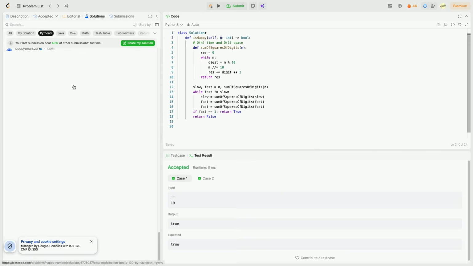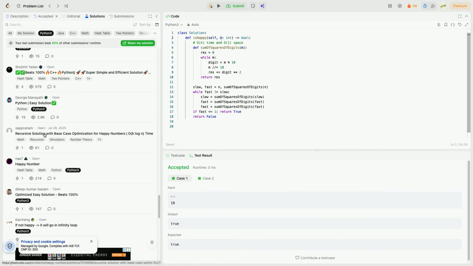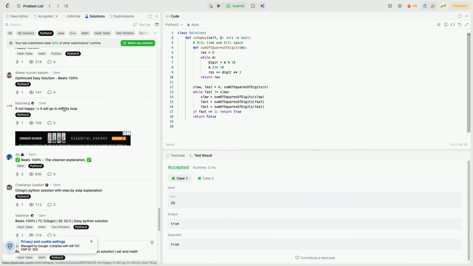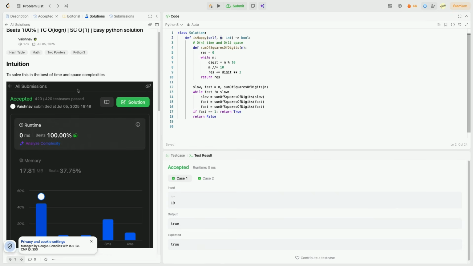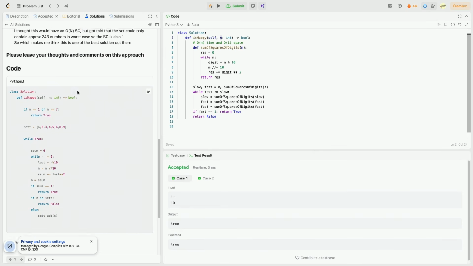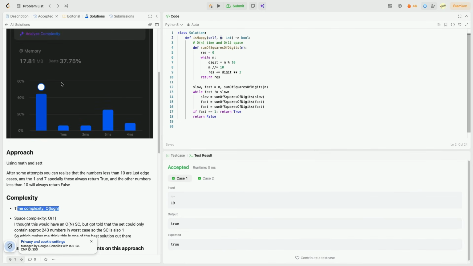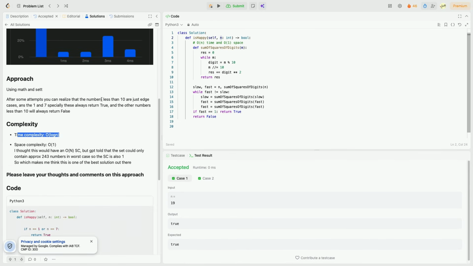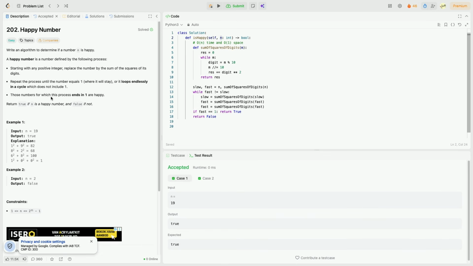Anything else we have here? Recursion solution, easy Python with log n. Time complexity not explained. Well, yeah, so apparently it's not that easy to reason about the time complexity here.